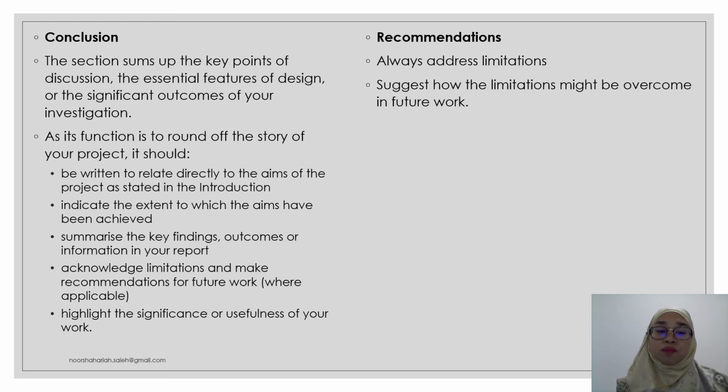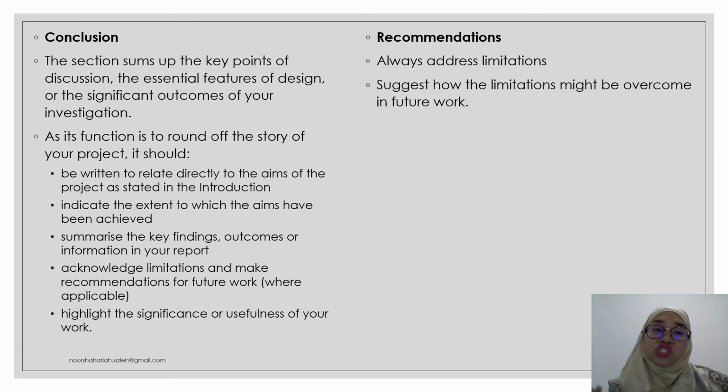And usually the conclusion should be written in a way that relates directly to the aims. So what would be the objective of the research or the project? Okay, so it relates with the introduction at the beginning. So indicate the extent to which the aims have been achieved. Is it a success?